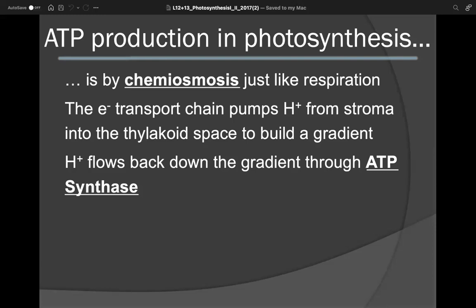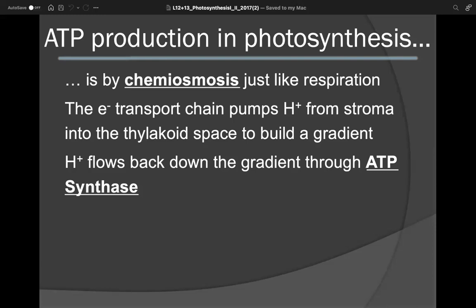So if you remember in our oxidative phosphorylation in that electron transport chain, we have the H plus molecules being pumped up to form that gradient. And then the chemiosmosis is when they come down the electrochemical gradient through the ATP synthase. And that's where, again, ATP synthase is where our ATP is synthesized.